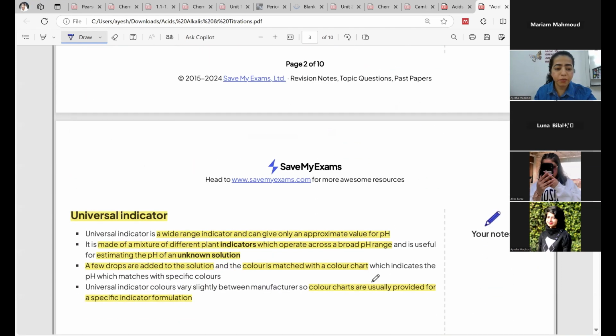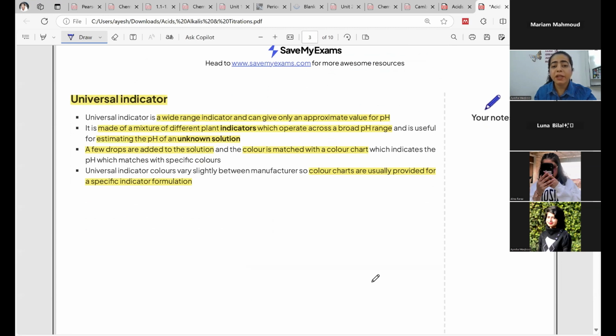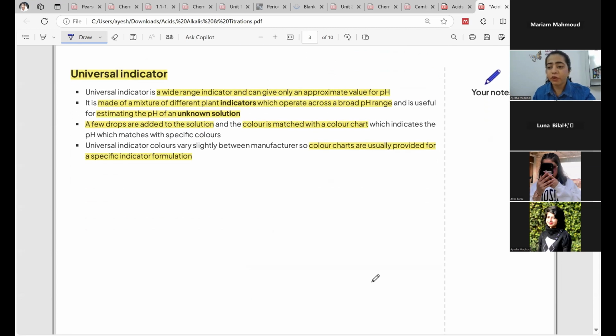Okay, let's move forward. After that, we have another indicator as well. 3 of them we already did: litmus, phenolphthalein, methyl orange. One more that you can remember is universal indicator. Universal indicator is basically different from all the 3 previous indicators. This indicator gives you a wide range of colors, not only one color for acid and one color for alkali.